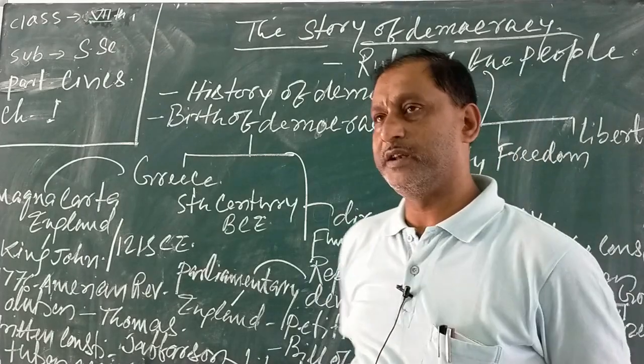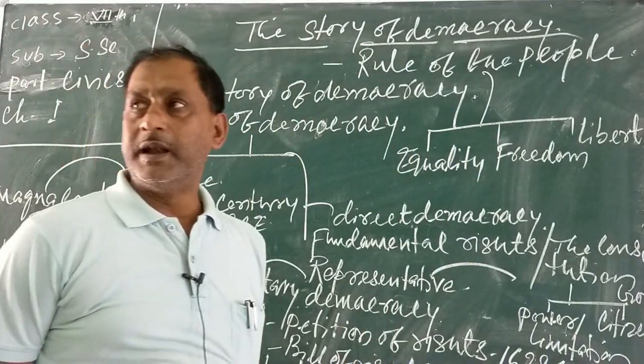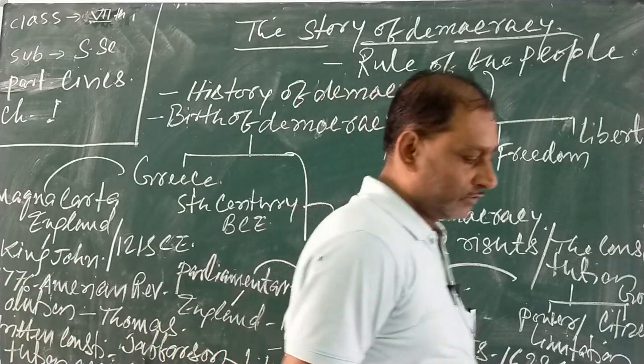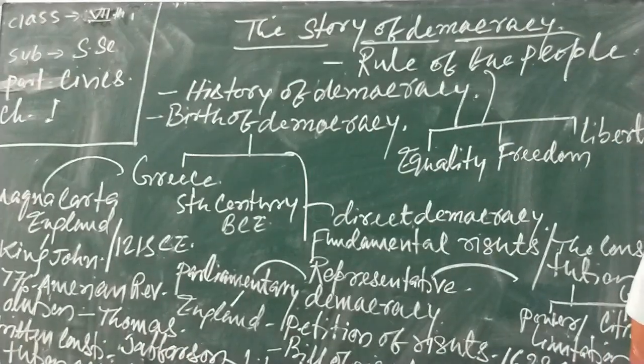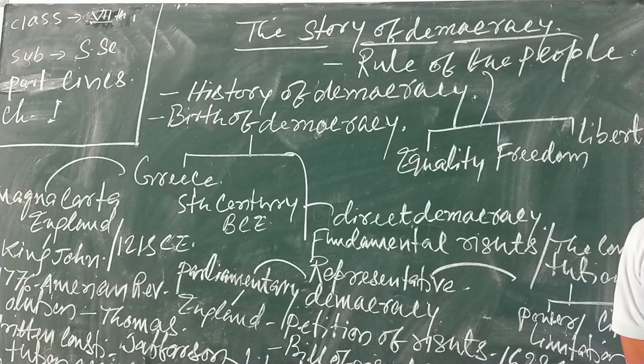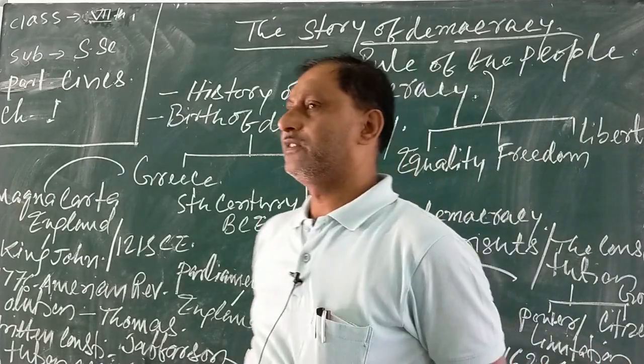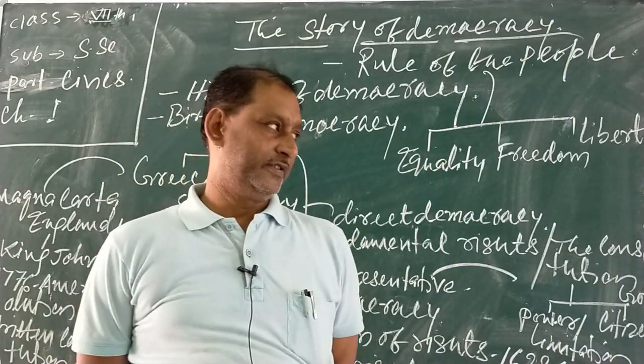Citizens' and the government's duties are discussed with the help of the constitution. So the constitution of a particular country indicates the working of democracy through electoral politics or electoral competition.